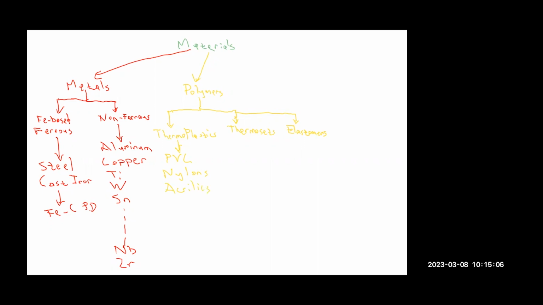These are all thermoplastics. Thermosets, for example, epoxies. Elastomers, like, I don't know, rubbers, let's say. Or silicones.